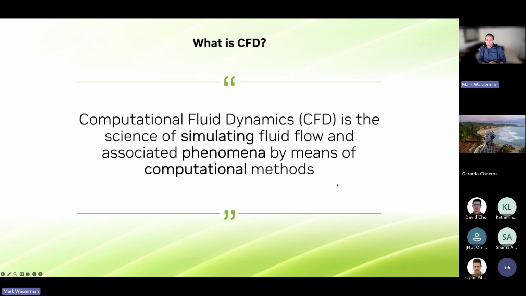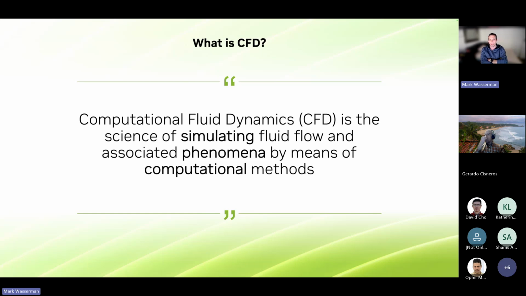So let's start with a short background regarding what CFD is. I guess that most of you, as part of your computer science or electrical engineering studies, didn't really hear about CFD up until today. So I'll briefly explain what CFD is.